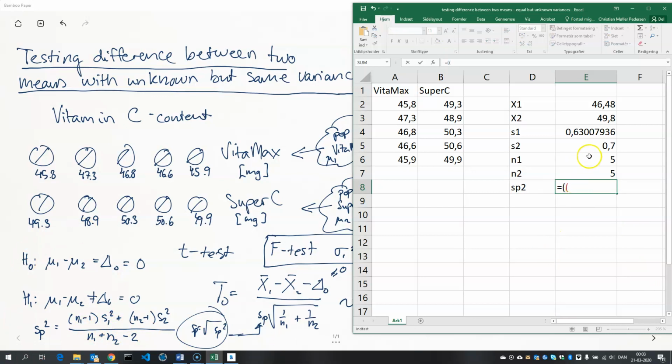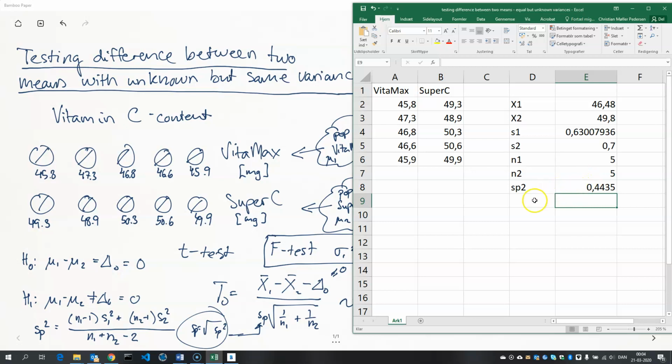And then we can compute the pooled variance using this formula down here. So that's n1 minus 1 times s1 squared plus n2 minus 1 times s2 squared. And we divide by n1 plus n2 minus 2.